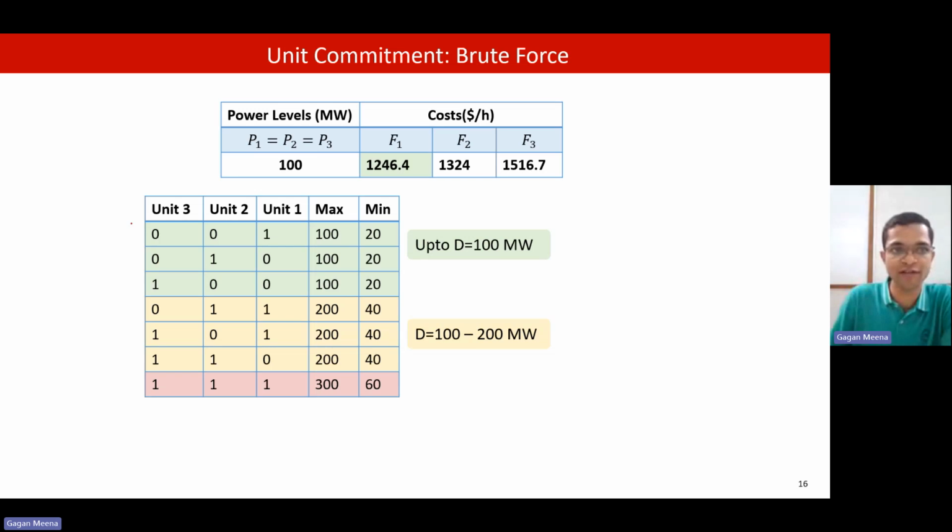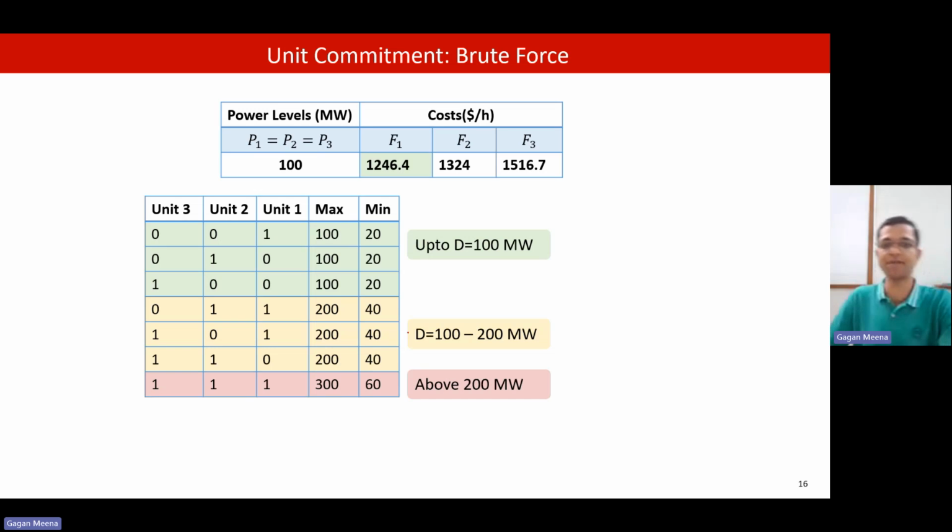We see that when only one unit is running, is committed, the maximum demand which can be met is 100 megawatts. When 2 are online, then 200 megawatts can be supplied. And when all the 3 are on, a maximum of 300 can be supplied.